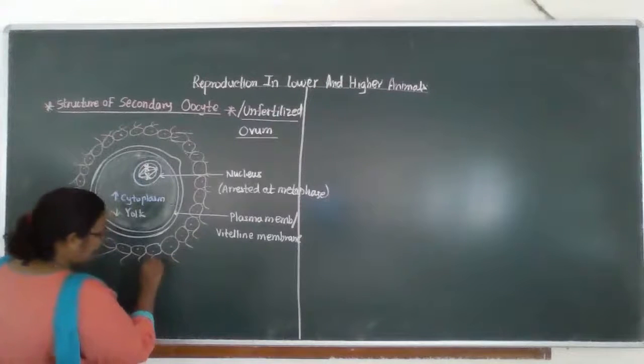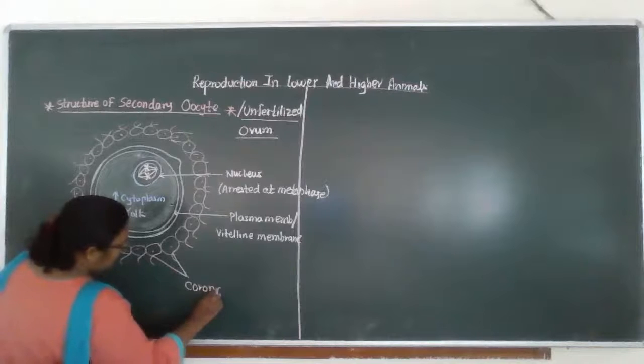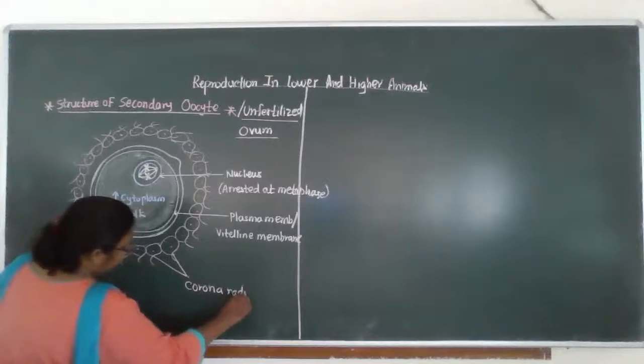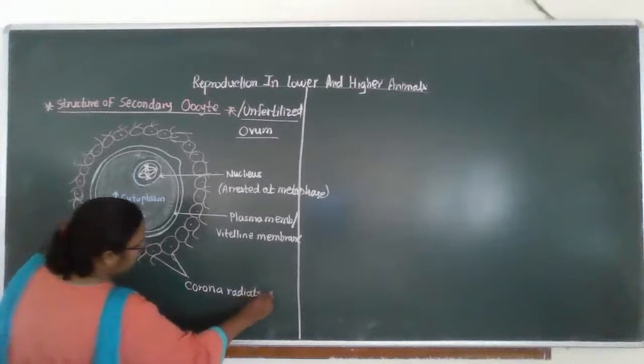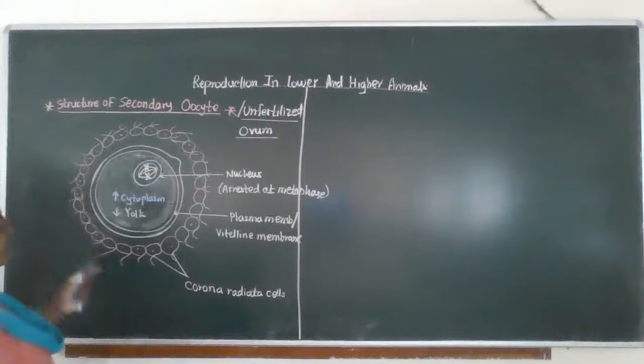This is called the corona radiata cells, and this layer is called the corona radiata.